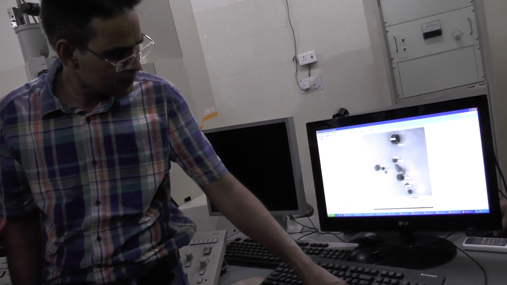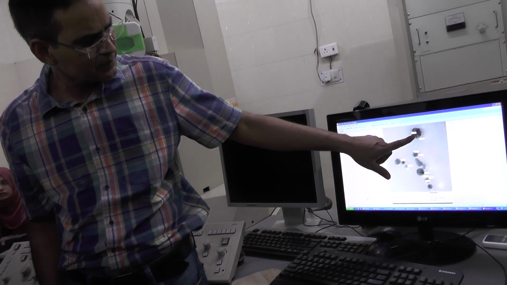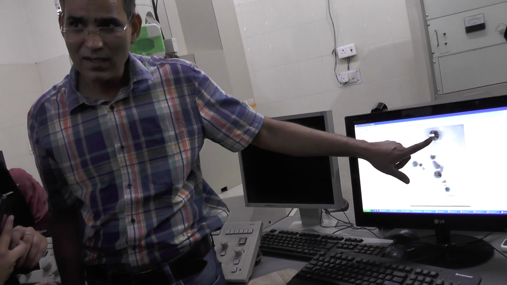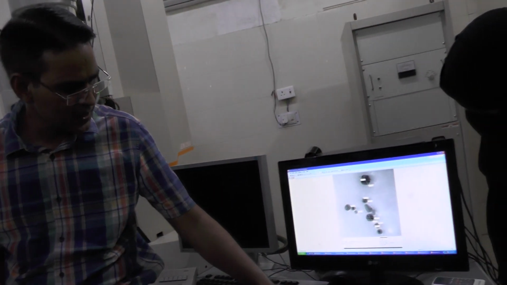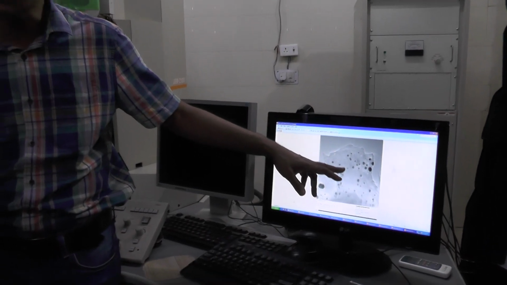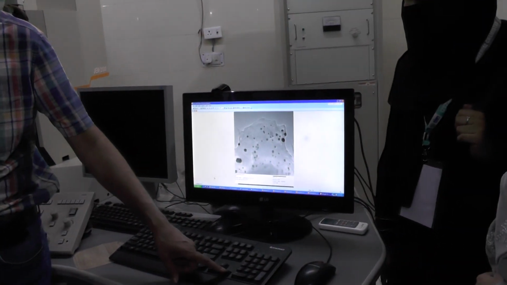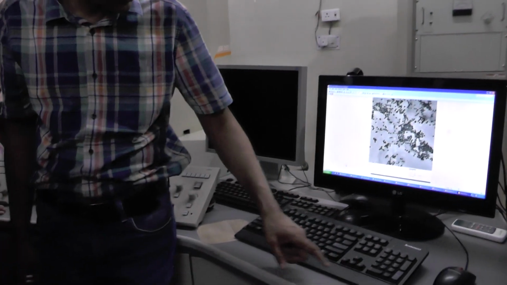So we can also calculate the diameter, how much is it? 26.7. So in this way, the average particle size can be calculated, and this is a nanoparticle-embedded graphene sheet. We have the graphene sheet and we have nanoparticles. So in this way, this is a brief about the TEM.